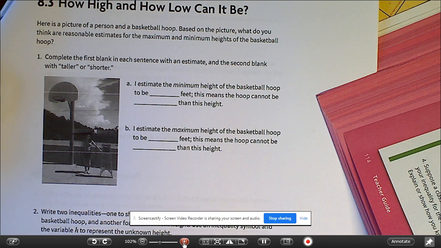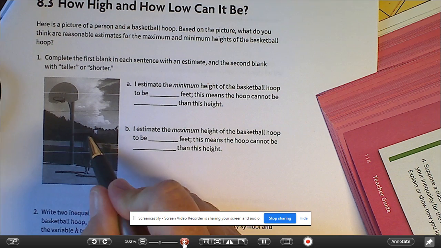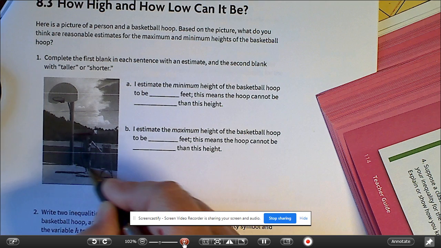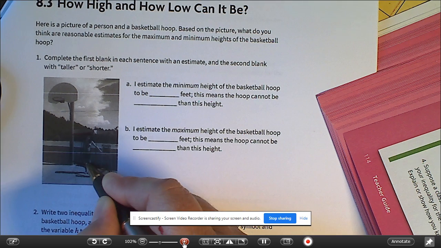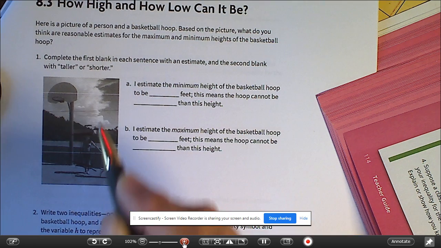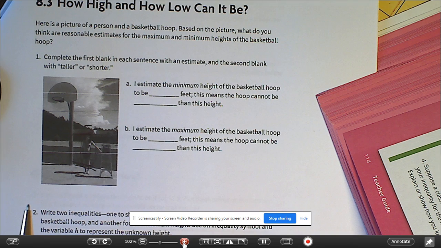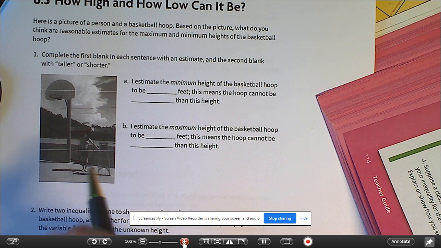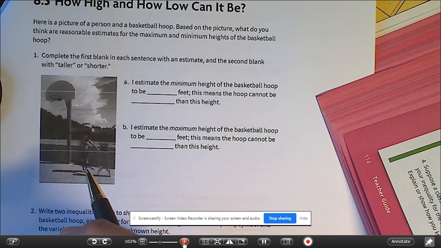So, one says, I estimate the minimum height of the basketball hoop to be, so if this person is probably, remember she's not standing right next to it though. So if she were, she might come up to here. But an adult person is probably between 5 feet and 6.5 feet usually.